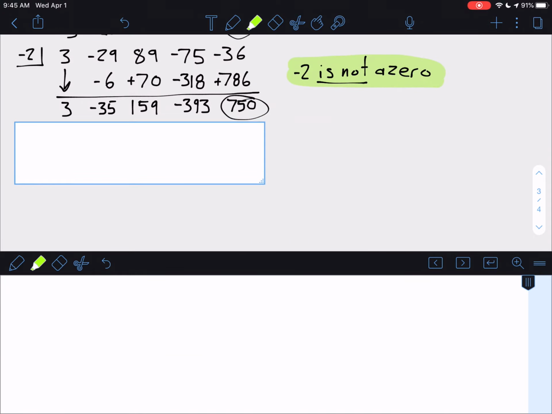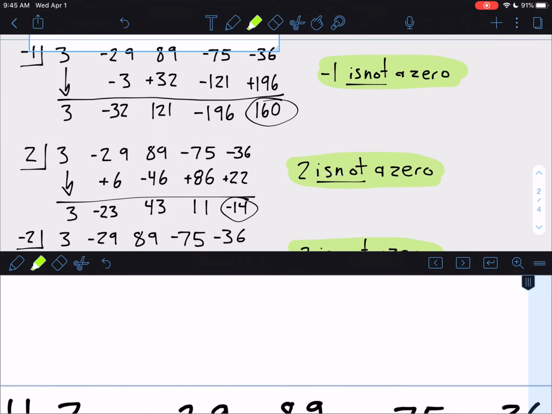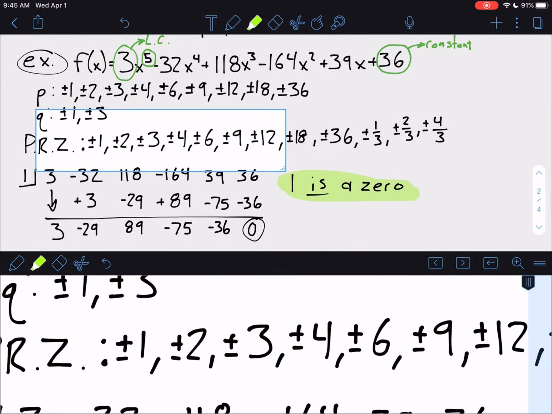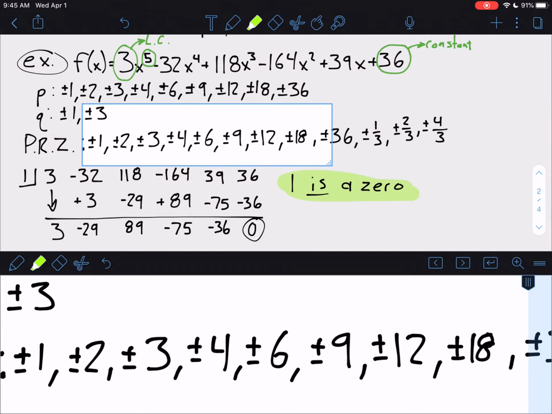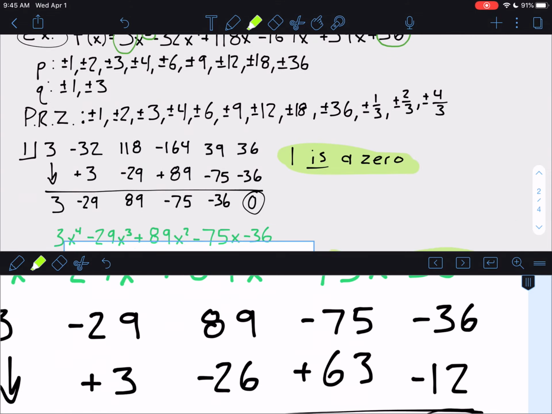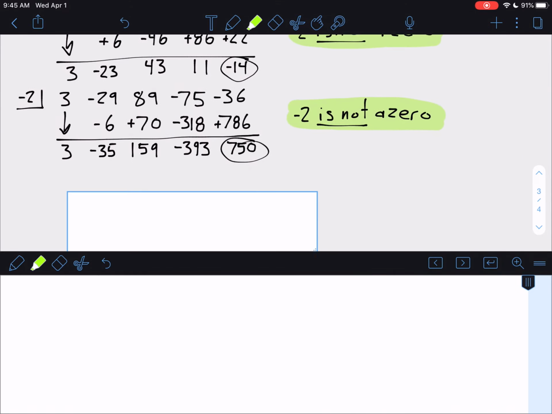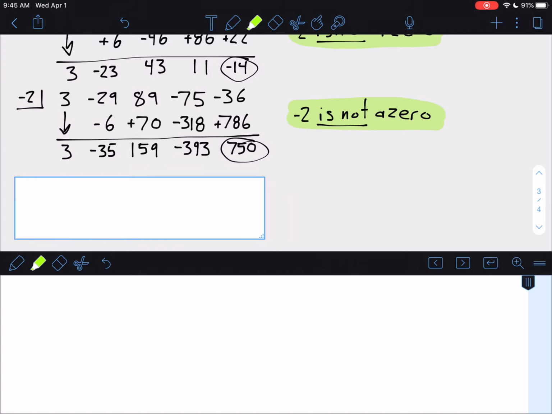All right, keep going on the list. I think the next number was positive 3. We'll go check that. Yeah, our possible rational zeros, we did negative or positive 1, positive 2. Next we got positive 3. So put the 3 in the box and list our coefficients.